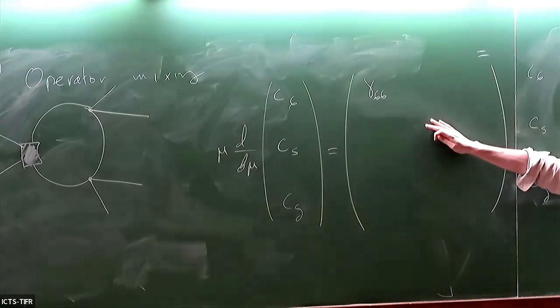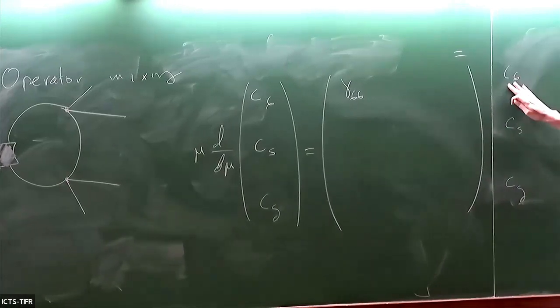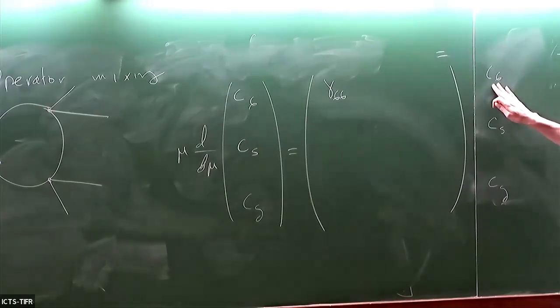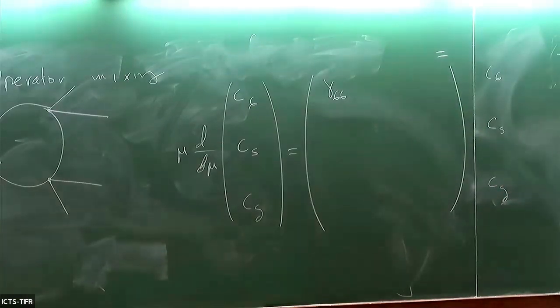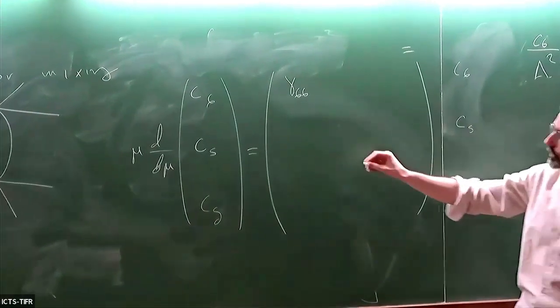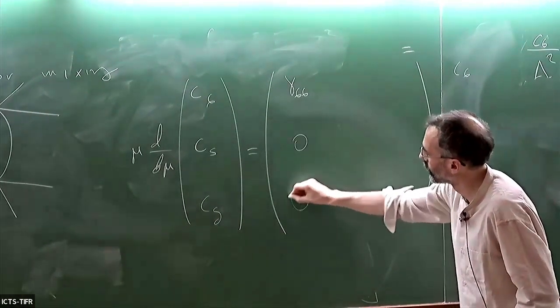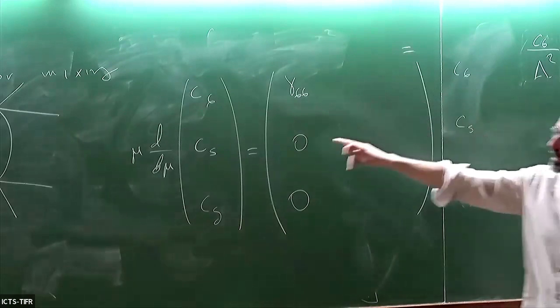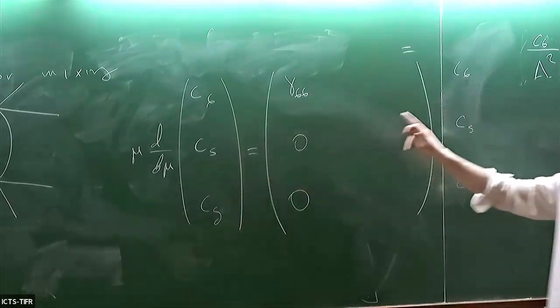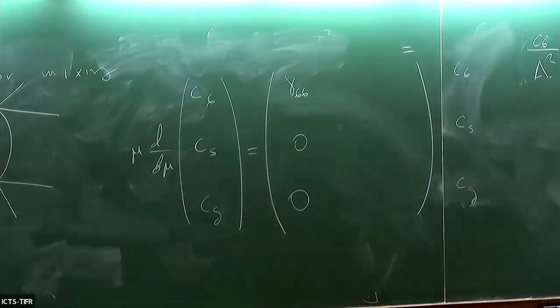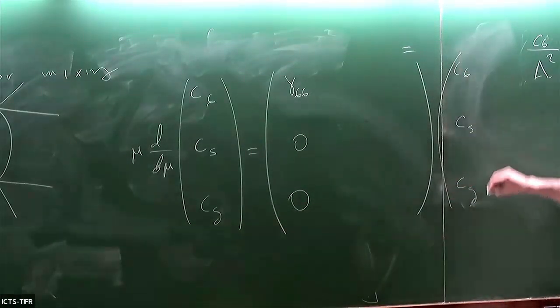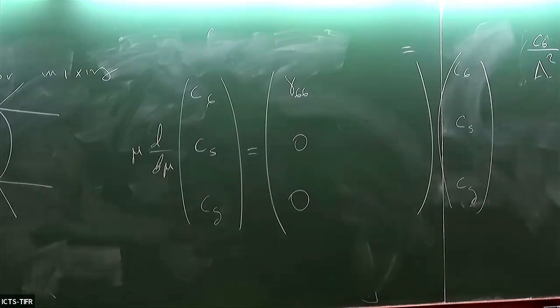This is on the right-hand side. And we computed all the loop terms that were proportional to C6. C6 renormalized itself, but also it didn't produce any of the others. So actually, we already know that these other 2 are 0, because C6 doesn't contribute to CS, and C6 doesn't contribute to CG. Right, so we knew more than you thought.